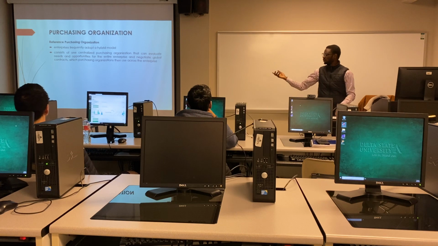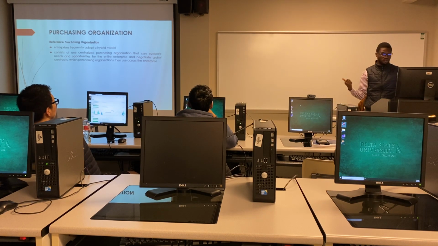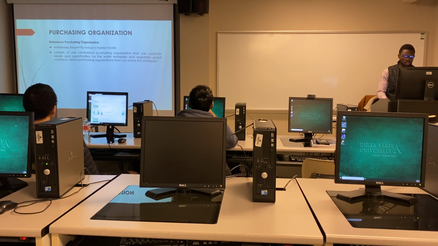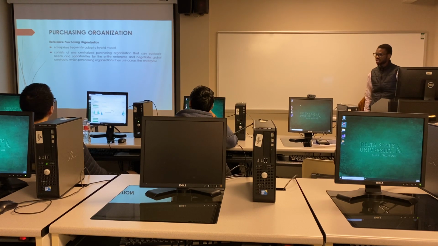Even GBI, the model that we're following, uses the hybrid model, and it says here that it consists of one central purchasing organization that can evaluate needs and opportunities for the entire enterprise and negotiate global contracts with purchasing organizations then used across the enterprise. So GBI adopted a hybrid model to include a single global reference purchasing organization, which is GL00.